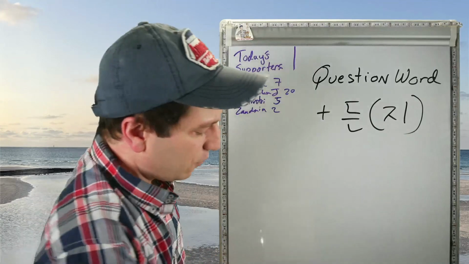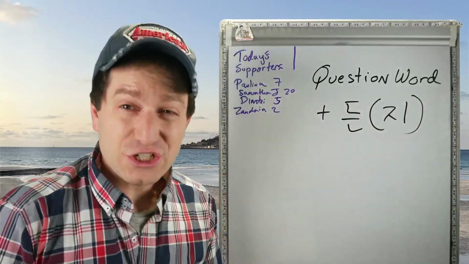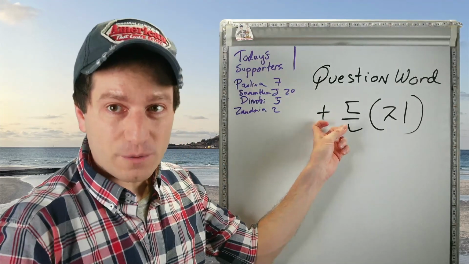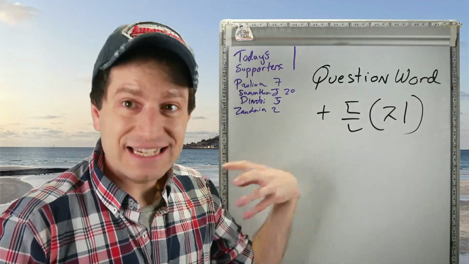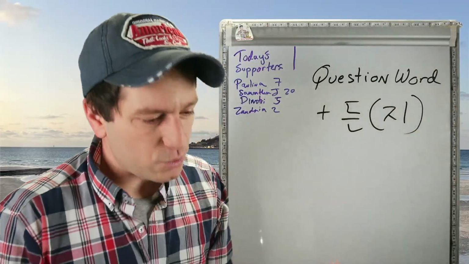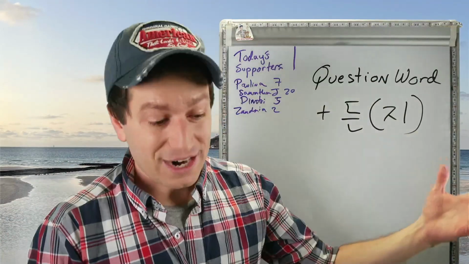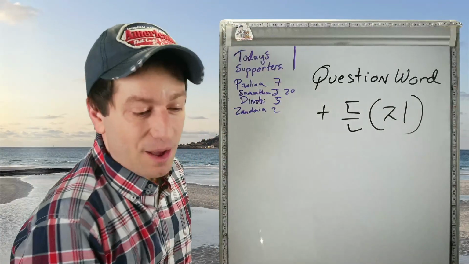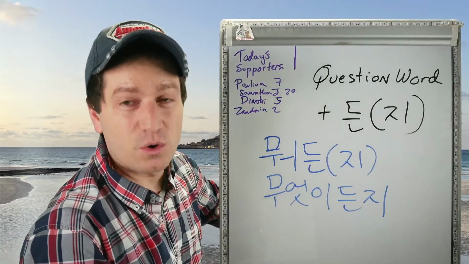You'll often see this form used after any question word. Question words can be used on their own with this form without having a second verb after them. And a question word would be something like what, where, when, anything like that is a question word. Let me give you some common examples. 무엇이든지 or 뭐든지.